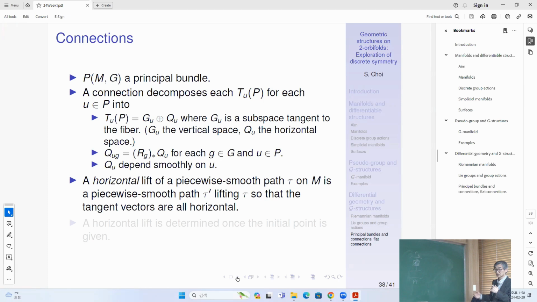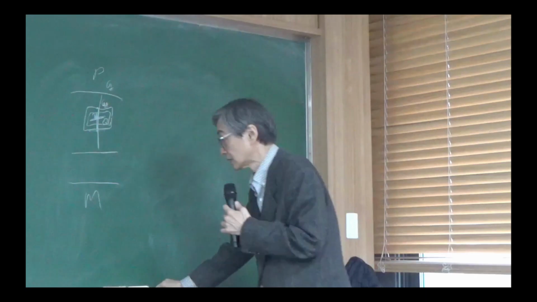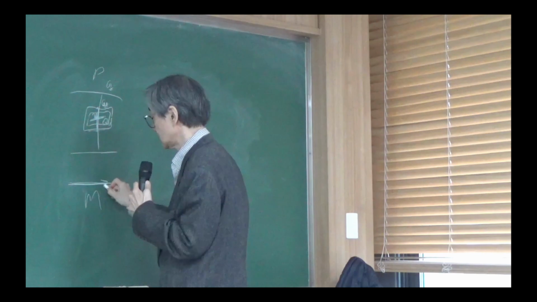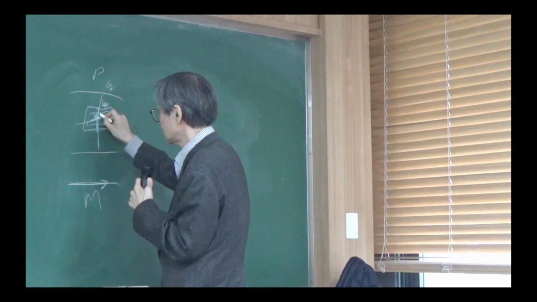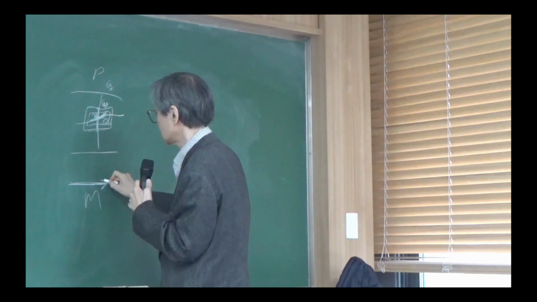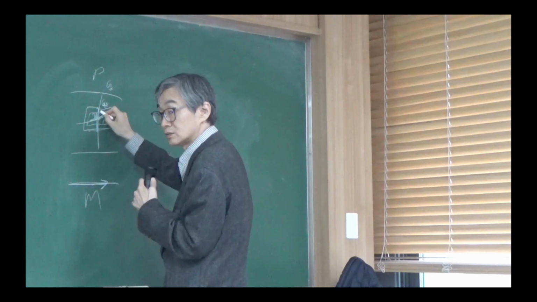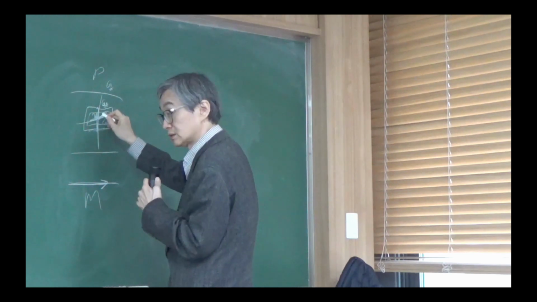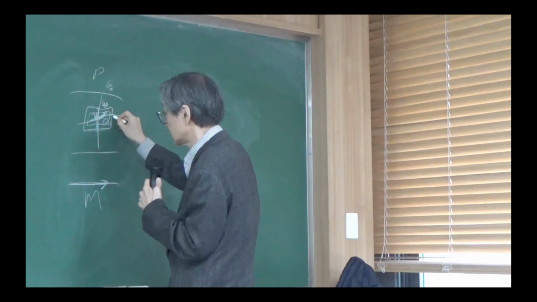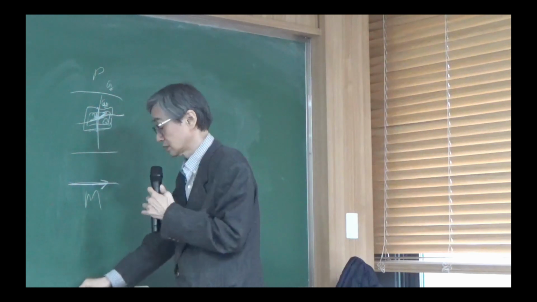You have some path here, and this path has to be lifted so that at each point the tangent space lies in Q_U. That becomes solving an ordinary differential equation, and it can be done. So you can always lift it.